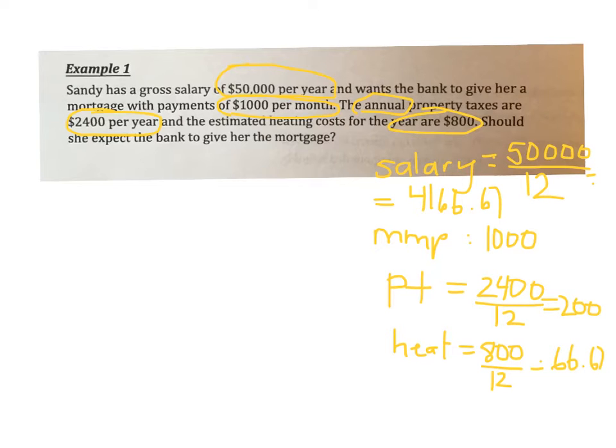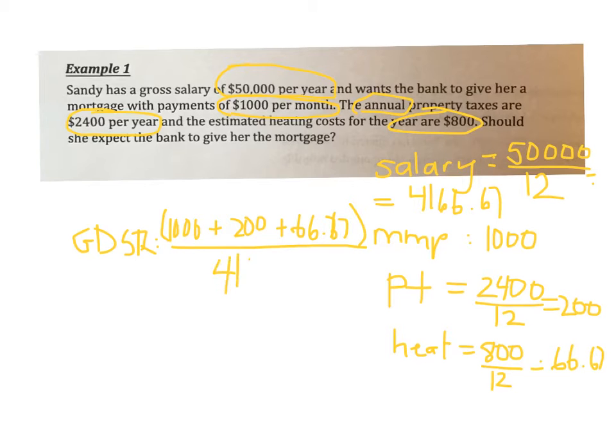Okay, so doing the gross debt service ratio, on the top, I'm adding together the monthly mortgage payment, the property tax, and the heat. Remember, for your calculator, you've got to put this in brackets or else it's not going to divide properly.